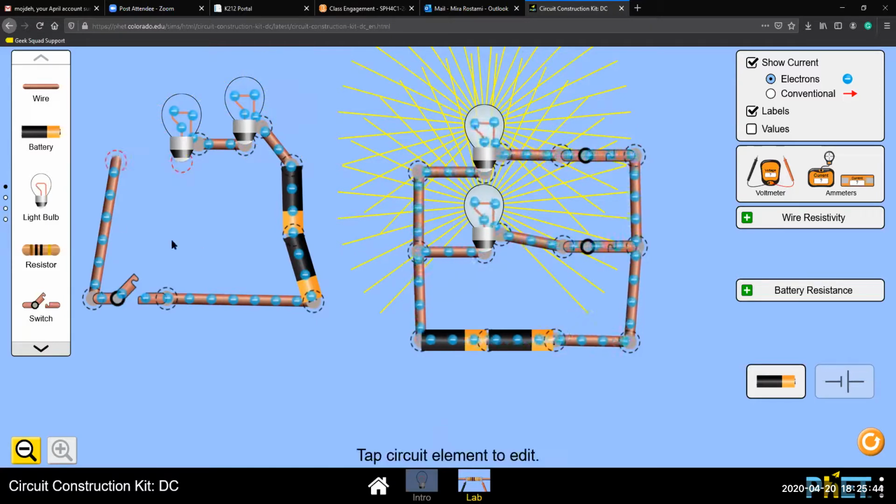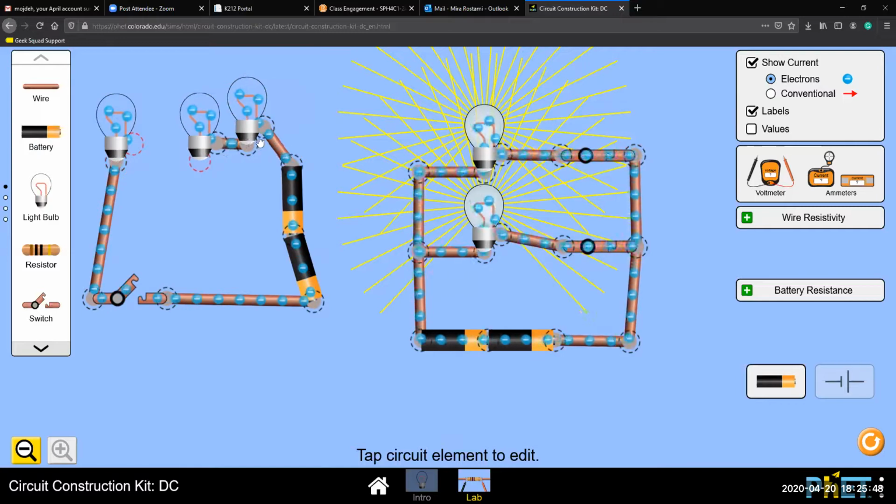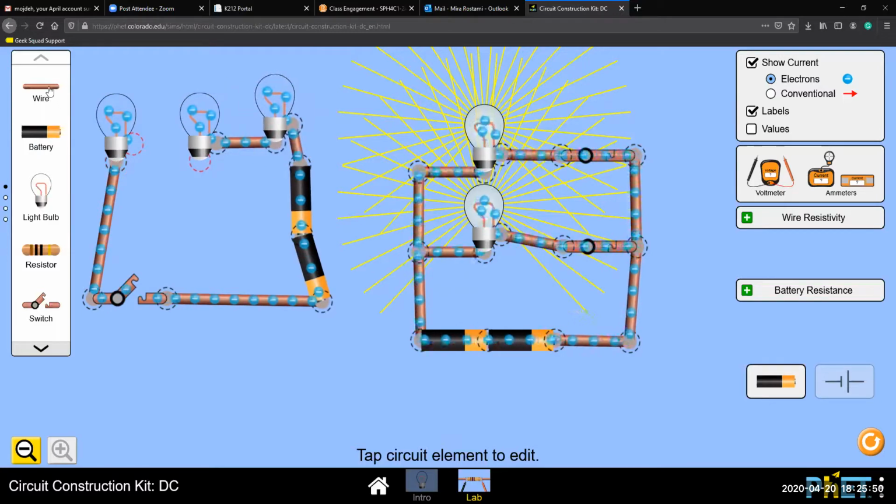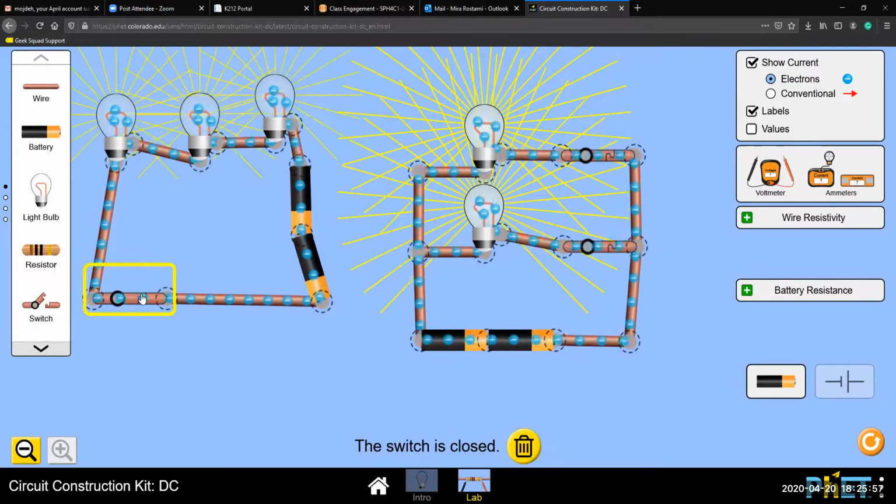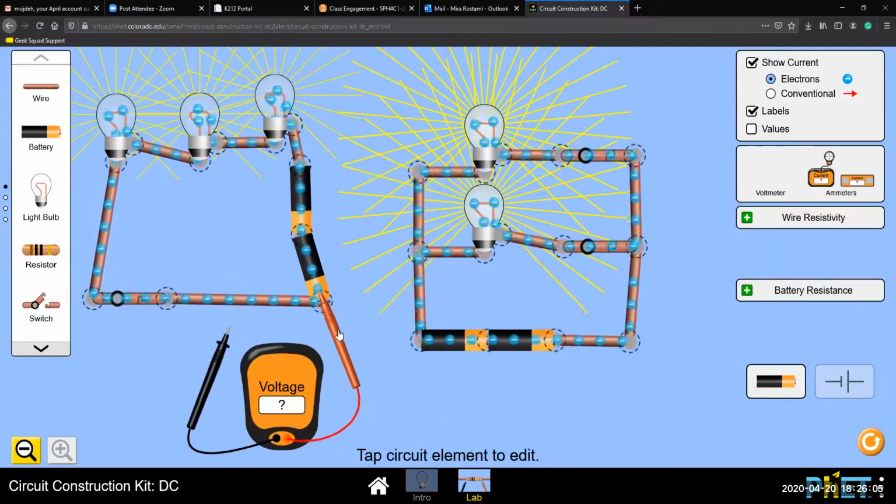Okay, so I'm just going to add another light bulb in here. So now I'm going to have how many light bulbs? 3. Do you think I'm going to have more light or less light? Less light. Why? Because I have to share this voltage now with 3. So if I bring my voltmeter now, look.